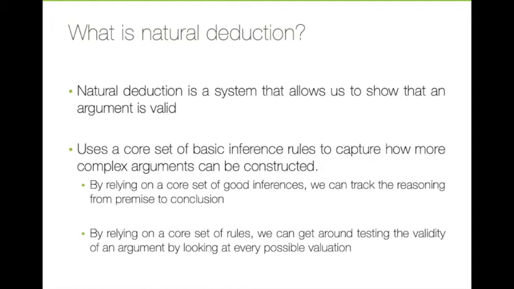So we'll be able to check that an argument is truth-preserving, our goal with truth tables, without having to individually examine all the ways that sentences in an argument could come out true or false. The inference rules will capture that element already.